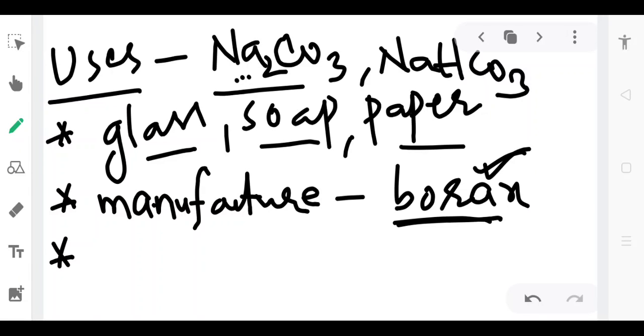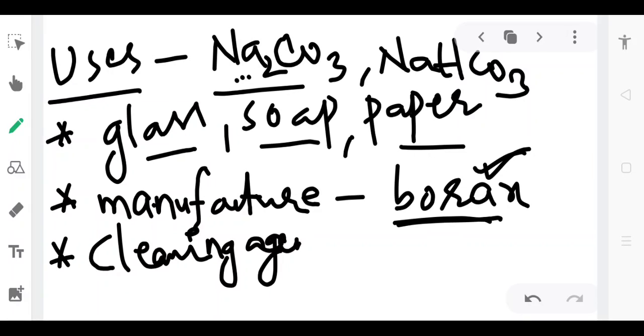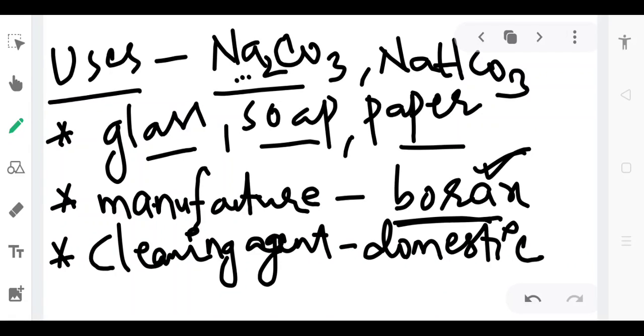One more use of washing soda is as a cleaning agent for domestic purposes. Domestic means you can wash clothes by using washing soda.